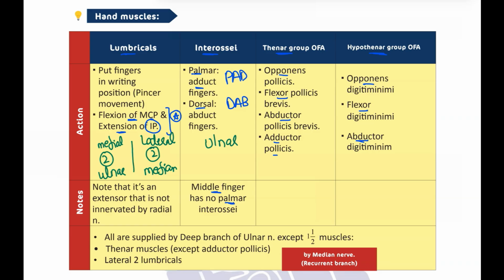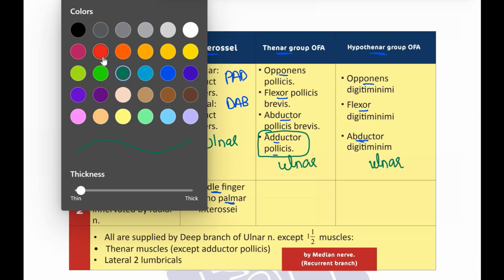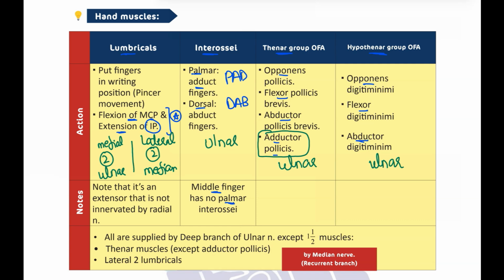All of the hypothenar eminence is supplied by the ulnar nerve. Now, in the thenar group, only the adductor pollicis is supplied by the ulnar nerve, whereas these three muscles are supplied by the median nerve.